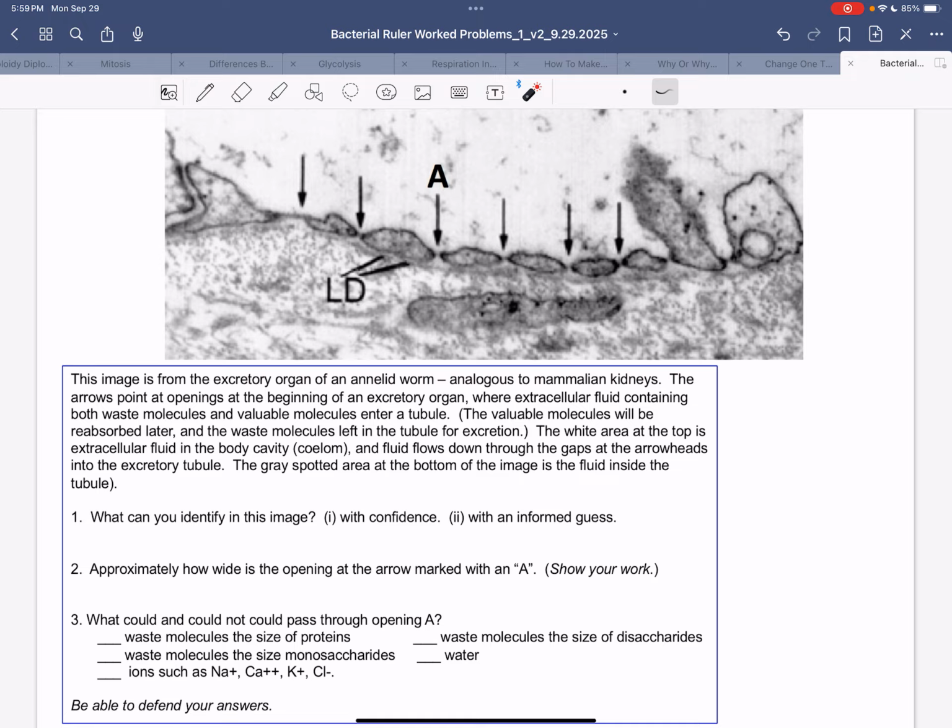The valuable molecules can enter along with the wastes, and so as this material moves down the tubule, there are cells lining the tubule that reabsorb, take out the glucose, amino acids, and other valuable molecules. So the waste and glucose get in, but as you get down, only the wastes are left. The glucose and amino acids get taken back out.